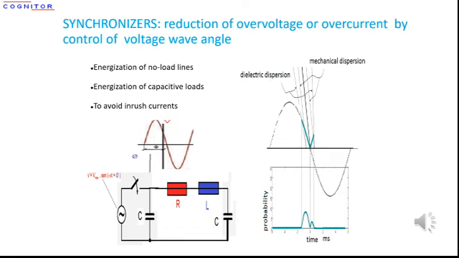The use of a synchronizer is related to this. You try to control the angle of one operation that is done with a certain periodicity. Doing this, you reduce the overvoltage. Reducing the overvoltage in a certain way, you are increasing the lifetime of the components involved in that line.